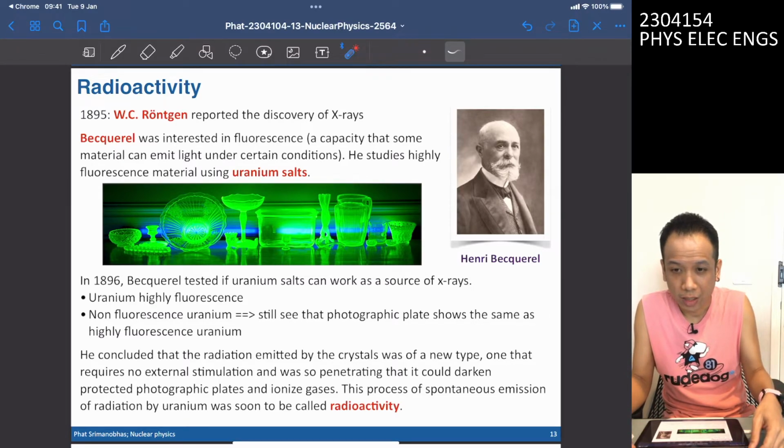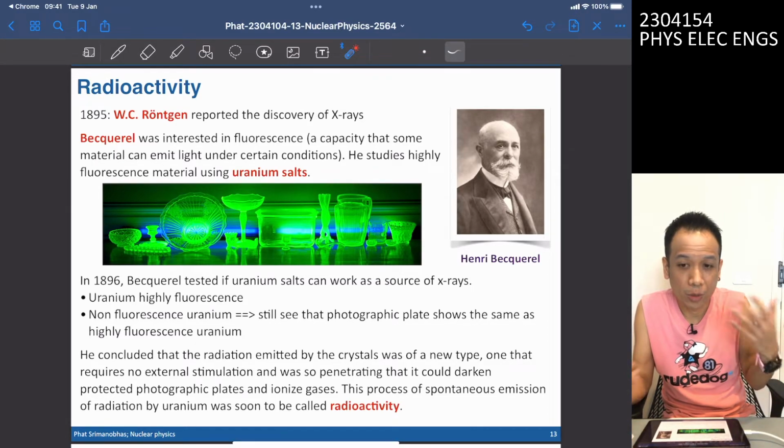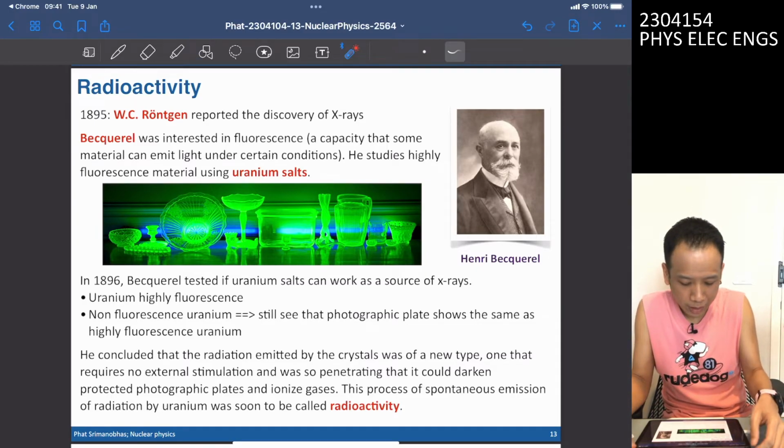They just knew that under some condition, uranium could shine. They made it like a shining glass like this.